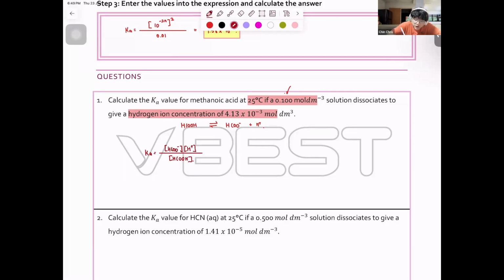I think the first one is pretty easy. H plus squared over HCOOH. Your answer is just 4.13 times 10 to the power negative 3 squared divided by 0.1. 1.71 times 10 to the power negative 4. Is that right?